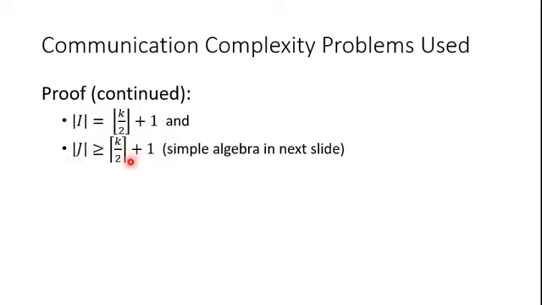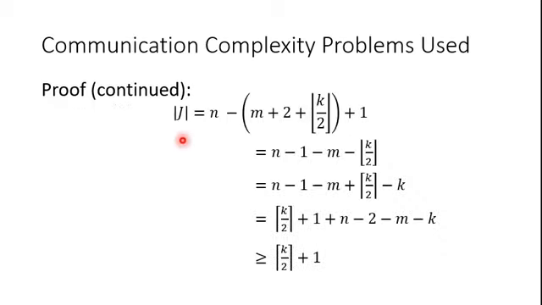Now, the first of these is simple algebra, really pretty straightforward. The second is slightly more involved, so we'll look at it here. For the size of J, we just take the last element minus the first element plus 1, and we do some simple algebra. This transition is just because k equals the sum of these two elements. And here we have, again, equality from simple algebra.